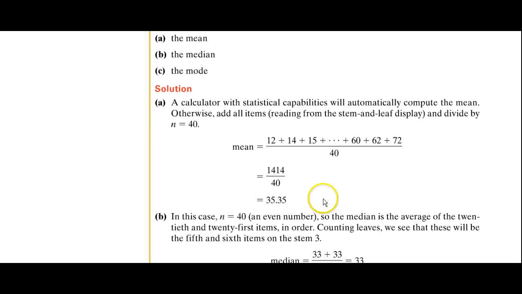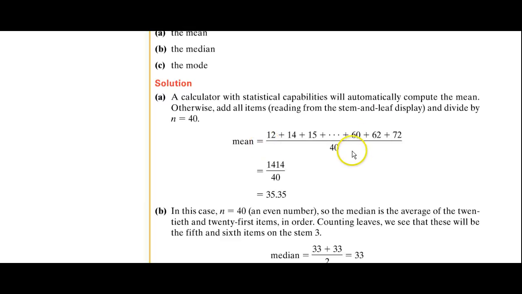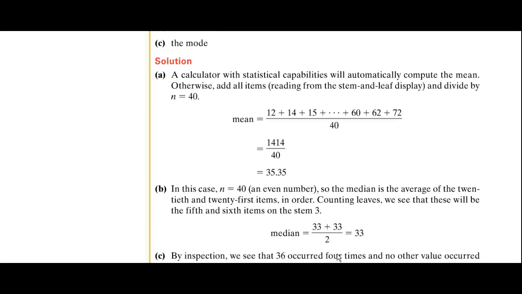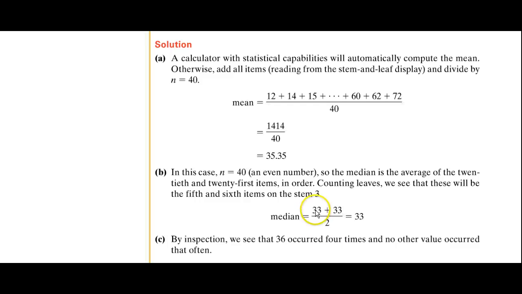Then in calculating the median, keeping in mind your frequency was 40, an even number, so you take your two central items of data and divide by 2, and here you can see if they both were 33, your median will be 33.